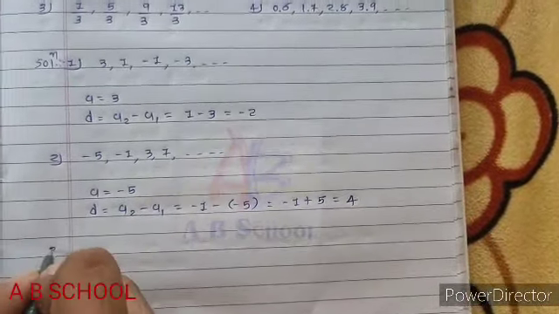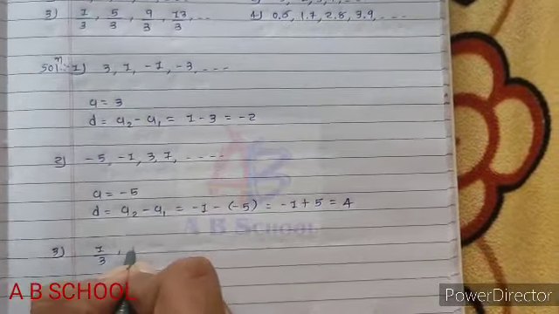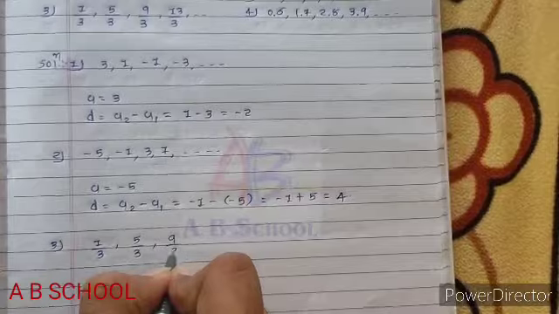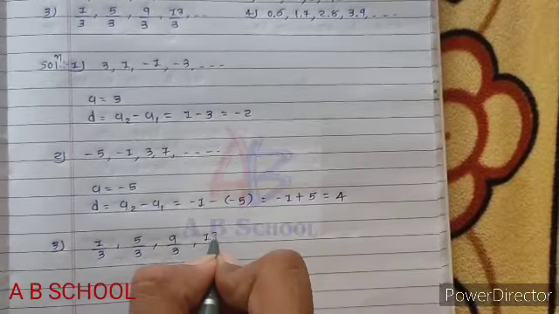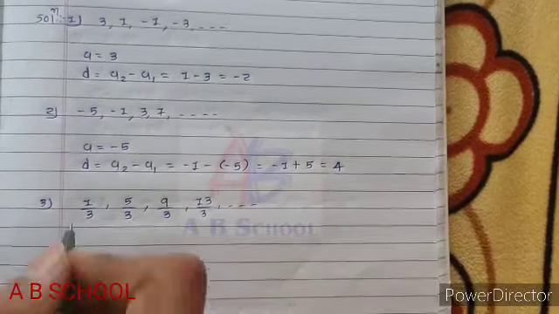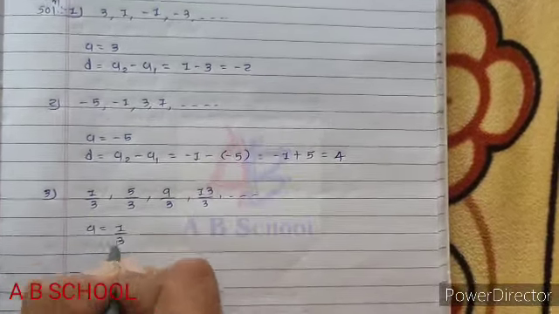Now number 3, AP 1/3, 5/3, 9/3, 13/3 and so on. So first term of AP, A is equal to 1/3.